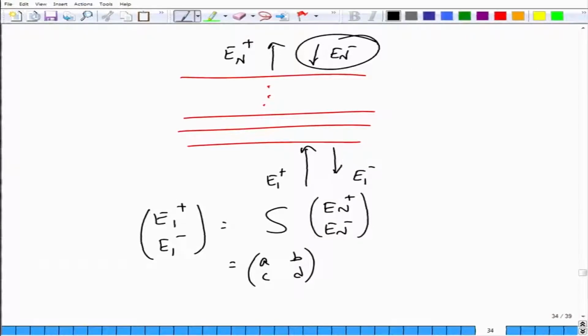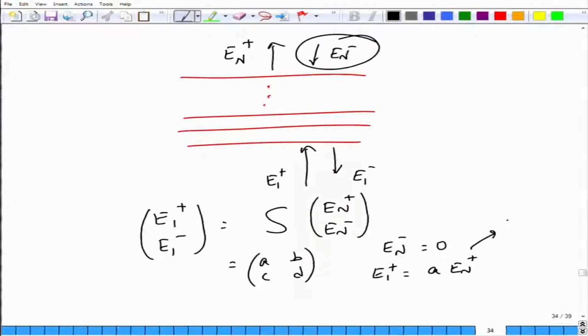Now, obviously, in this scenario I do not have any En minus. So after writing the entire matrix, I can substitute En minus equal to 0. When I do that, I see that E1 plus is simply given by A times En plus.